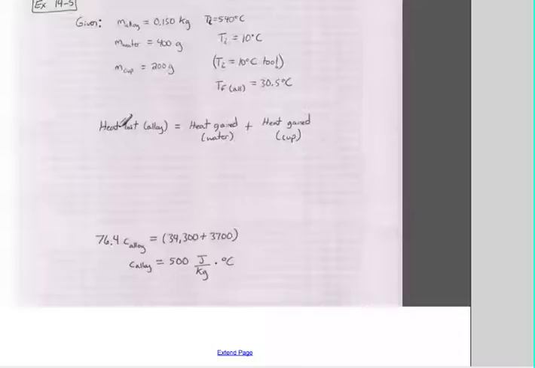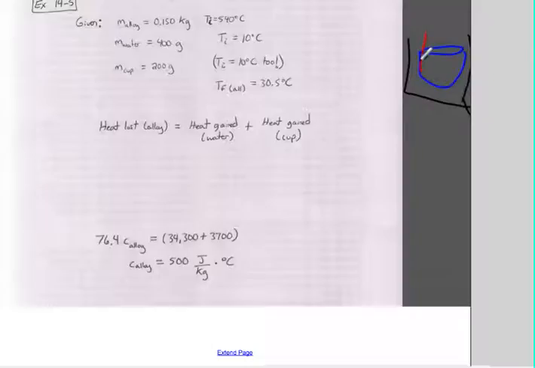So let's look at 14.5. In 14.5, we're going to talk about this instrument or device called a calorimeter. A calorimeter is just a device where you've got basically a bucket of water, surrounded by some kind of insulating material, and you stick a thermometer in it.